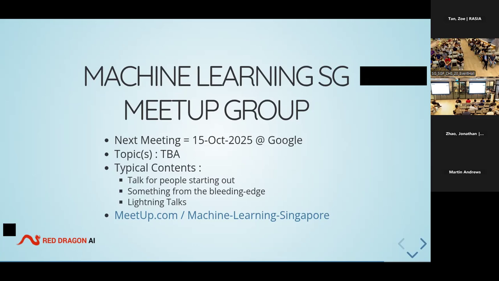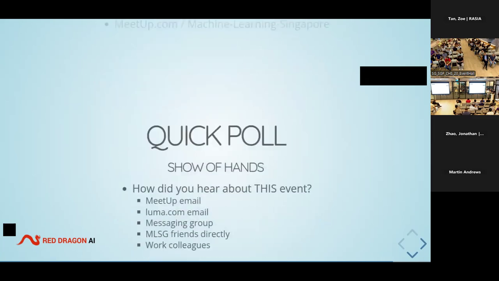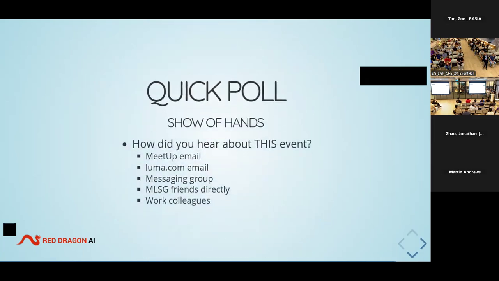I'm not sure what to say about meetup.com. We've obviously experimented with Luma this time, so I guess I should ask a couple of questions. How did you hear about this event? Was it from the meetup email? Was it something from Luma? Did you find out about it through some kind of messaging group? What about people you talk to who tell you, oh, there's a thing happening, we should go?